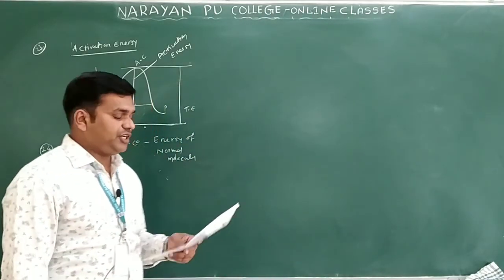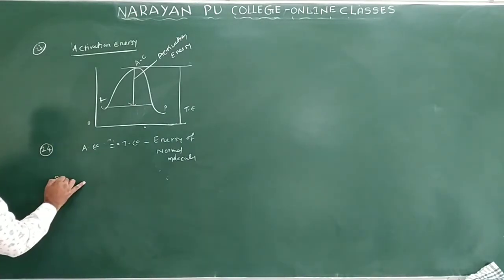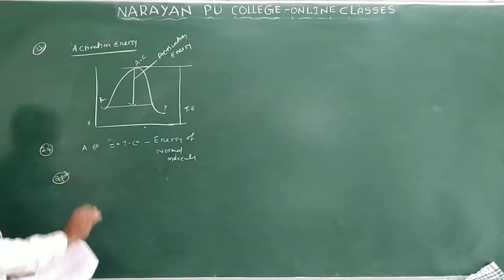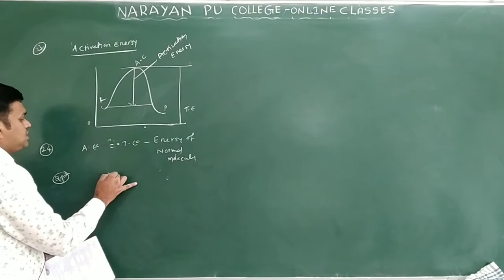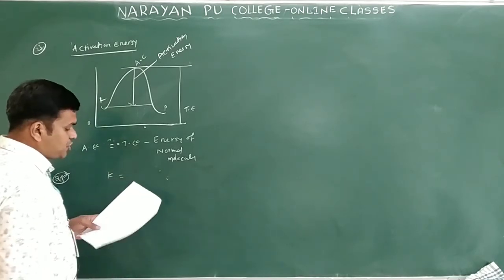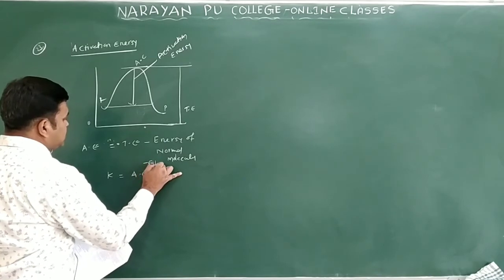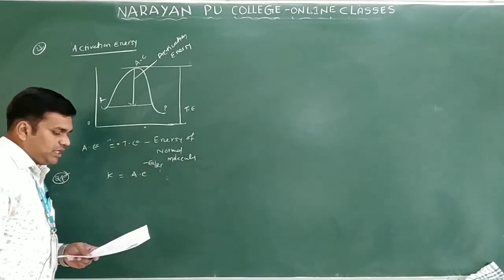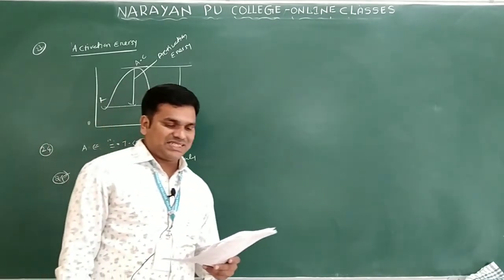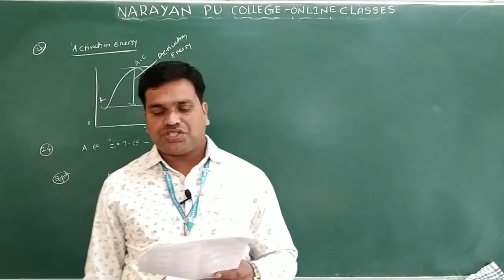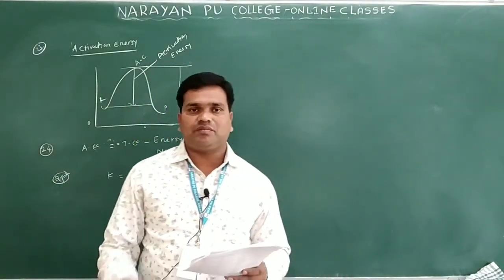Next, question number 25. They gave one expression, K is equal to A into e power minus Ea by RT. They ask which one is the correct statement. K is a rate constant, not an equilibrium constant.